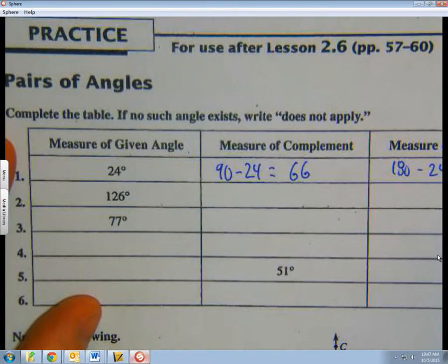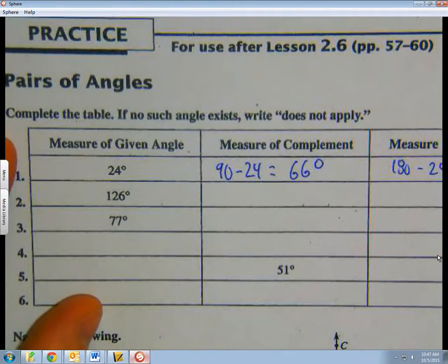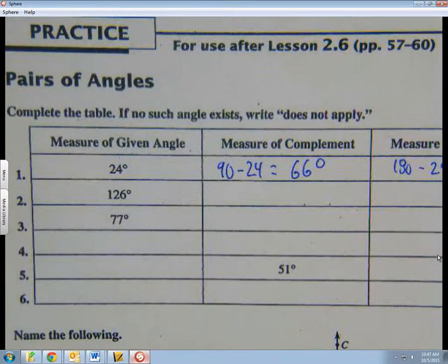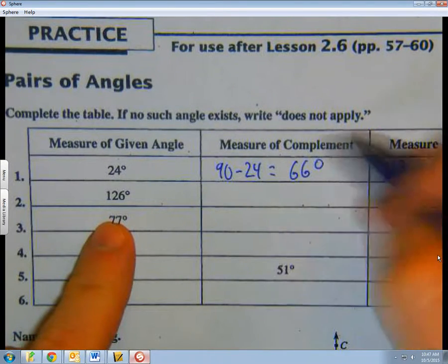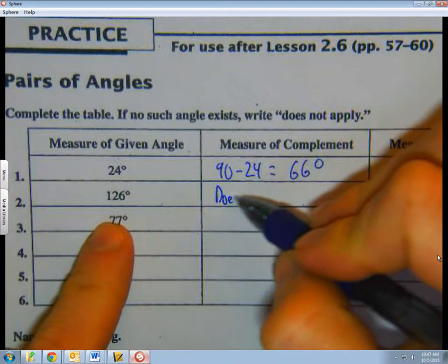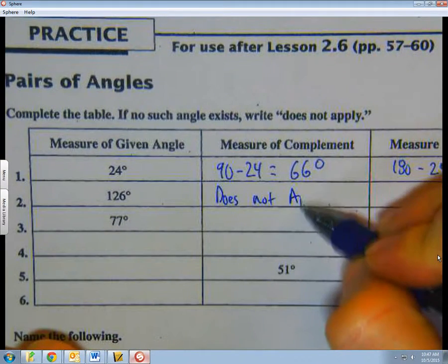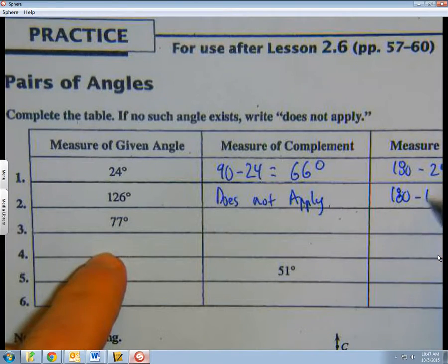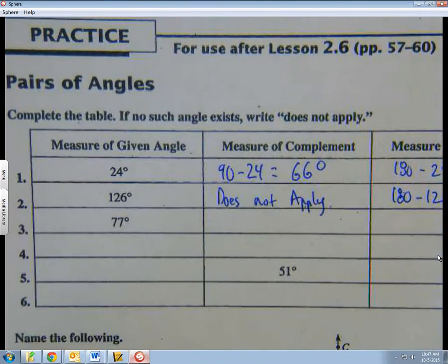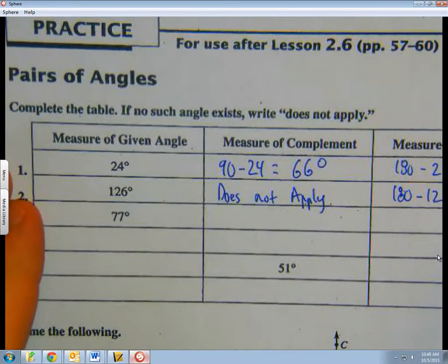Now, complement here, well, that's bigger than 90, so that doesn't exist, so it does not apply. And then right here it'd be 180 minus 126, 54 degrees. So that's how you do that.